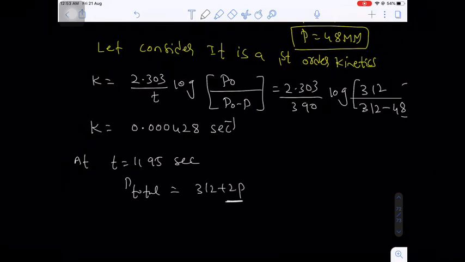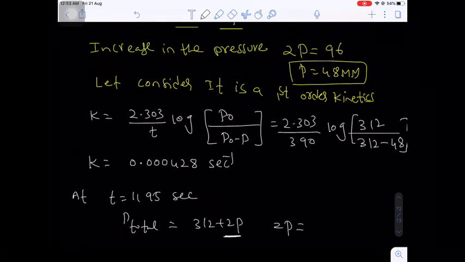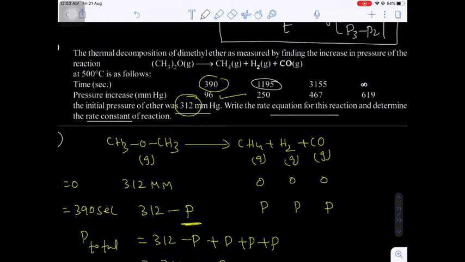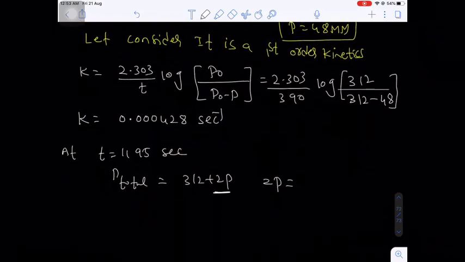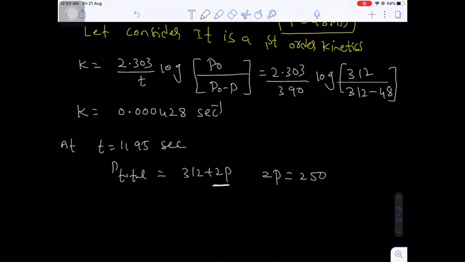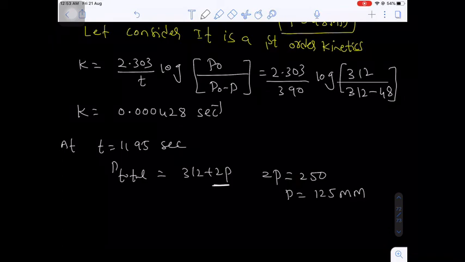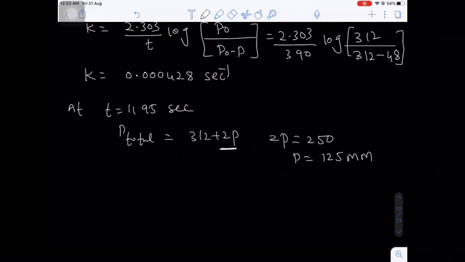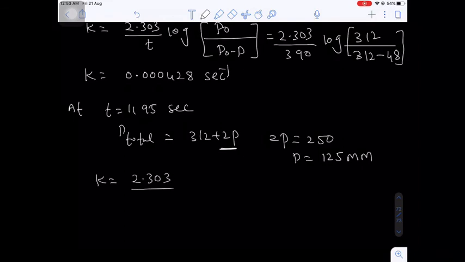How much does the pressure increase? 2P. Now in the second case at 1195 seconds, the pressure increase in the given data is 250. 2P is equal to 250, so P is equal to 125 mm. From here I am calculating the rate constant: k equals 2.303 by t, that is 1195 seconds, log of P naught by P naught minus P. Are you getting my point?